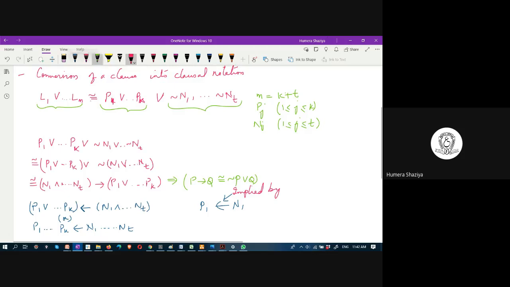In any implies equation, when you say X implies Y, X is known as antecedent, Y is known as consequent.